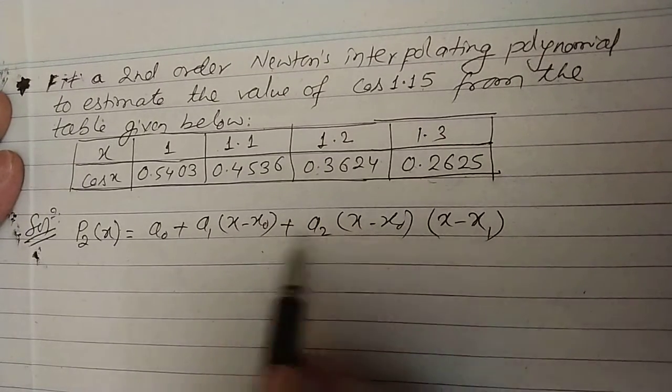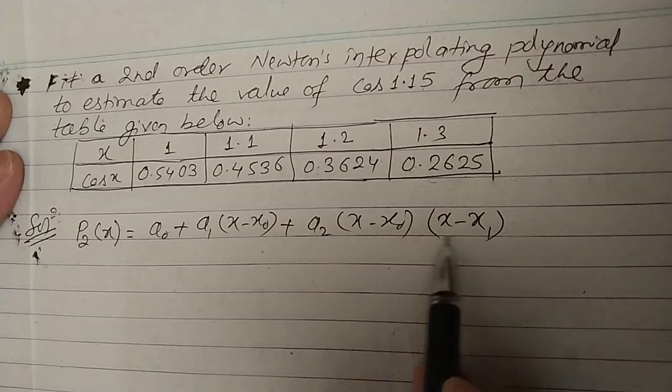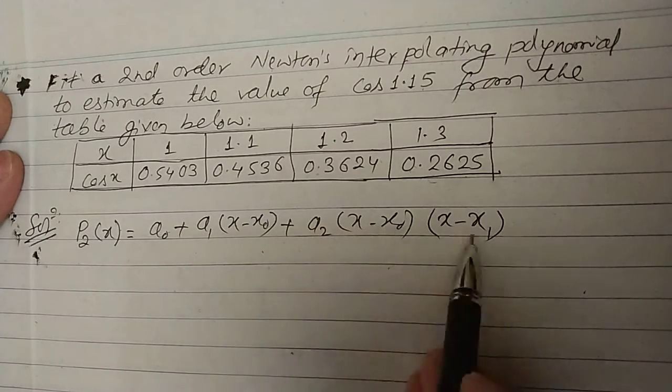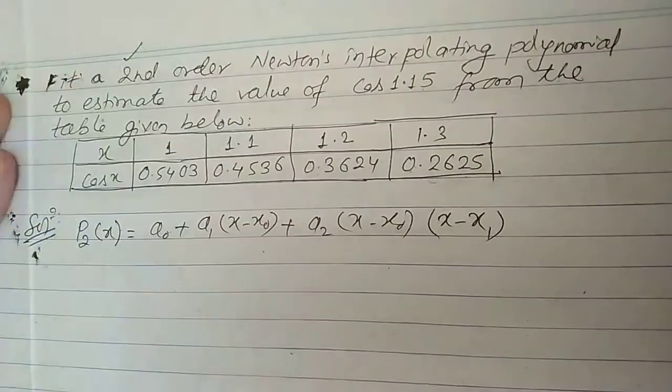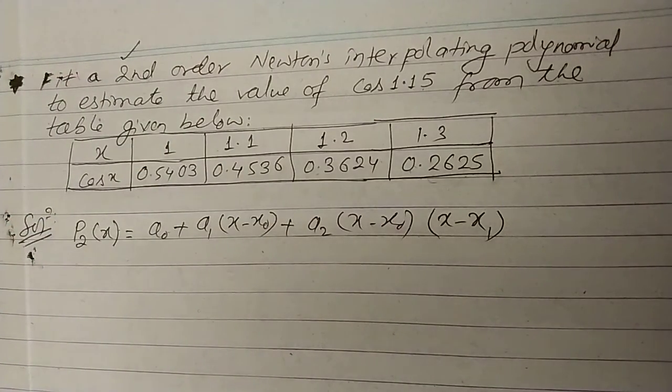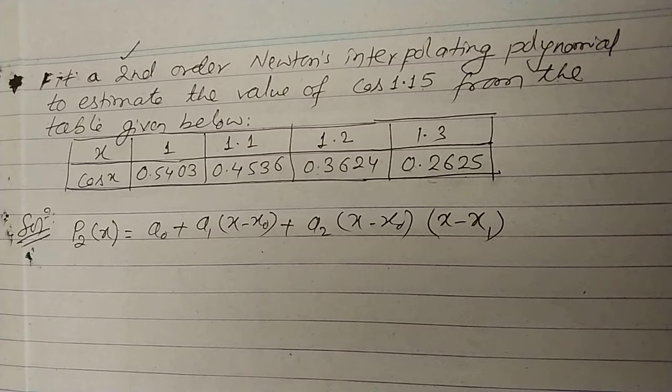यसमा x को म्याक्सिमम पावर भनेको के आउँछ? यो पोलिनोमियलमा स्क्वायर x स्क्वायर आउँछ हो. यहाँ x हुन्छ, यहाँ x स्क्वायर आउँछ. So that will be your maximum polynomial. Second order is asked in the question. So if asked till third order, so what will I do? I will be using plus a3 into x minus x0 x minus x1 into x minus x2.